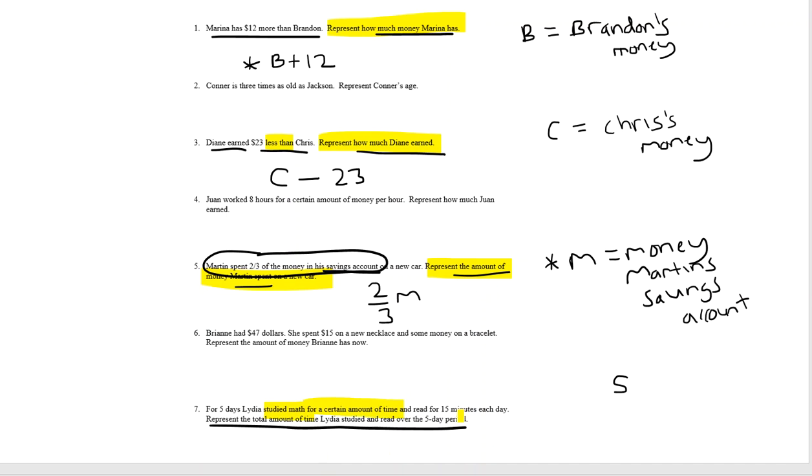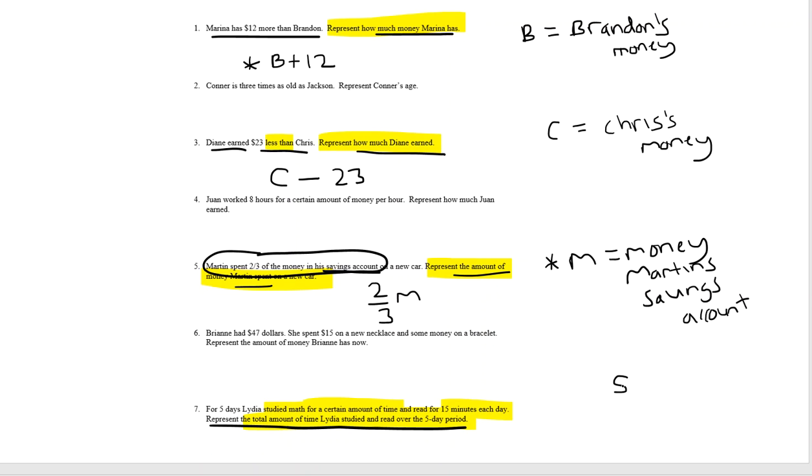We do know that she read for 15 minutes each day, and we want to write an expression that represents the total amount of time Lydia studied and read over the 5-day period.